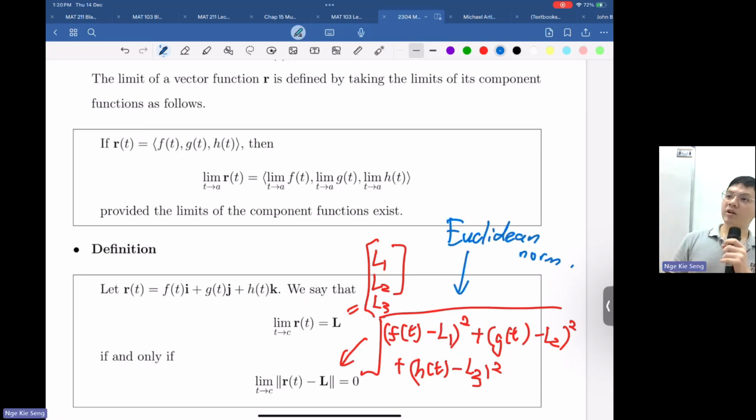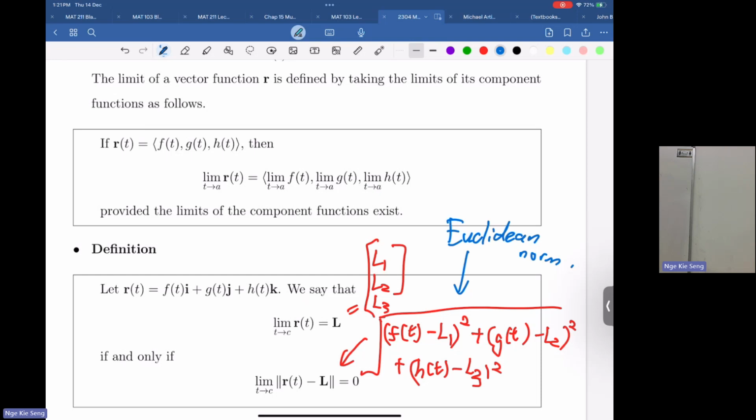Okay, because when you go further, norm is a very common notion. There's a definition for norm. So there will be different norms you can define. And this specific norm is called a Euclidean norm. Okay, so you check this norm after taking limit, it is going to 0.